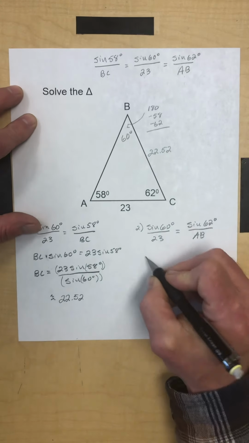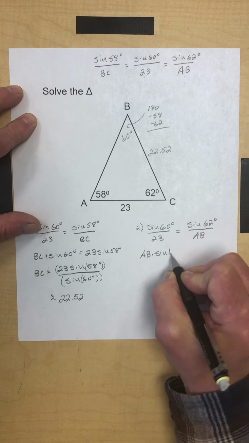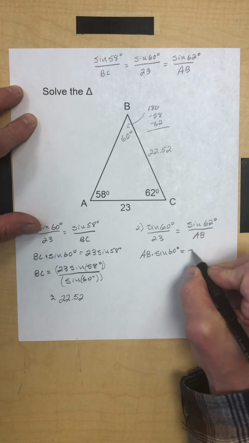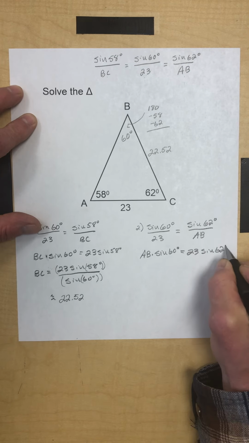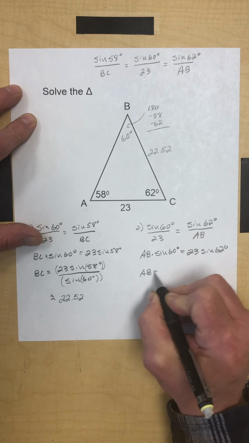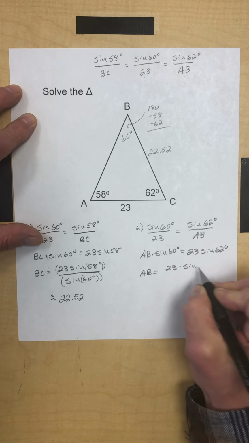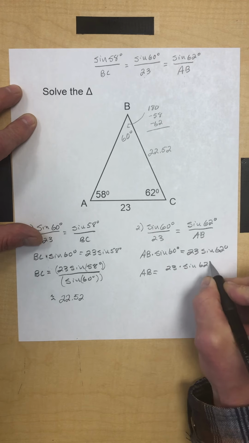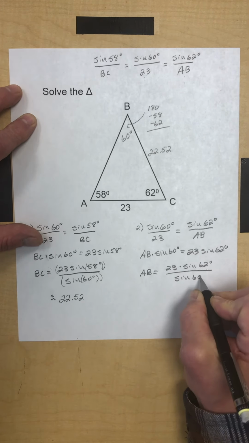And we take our cross products. So I get AB times the sine of 60 equals 23 times the sine of 62. And then we divide by the sine of 60. So AB is 23 times the sine of 62 divided by the sine of 60.